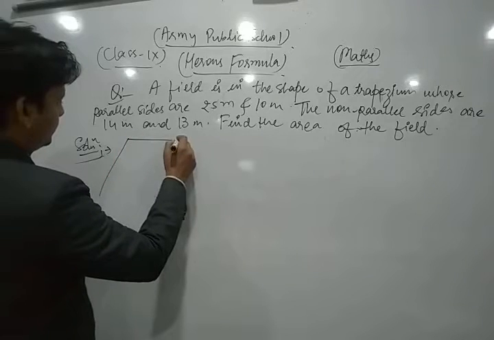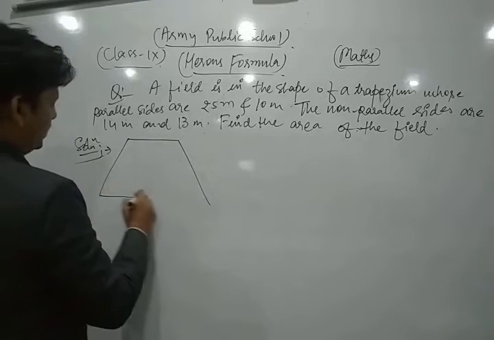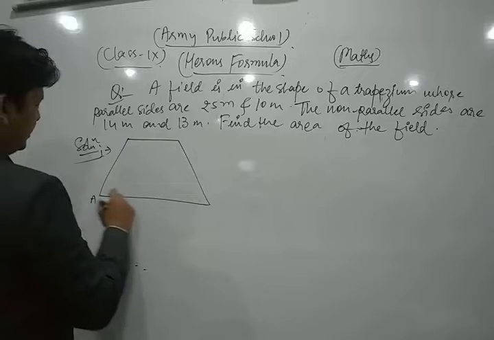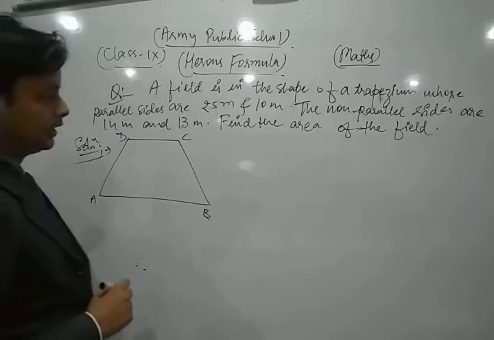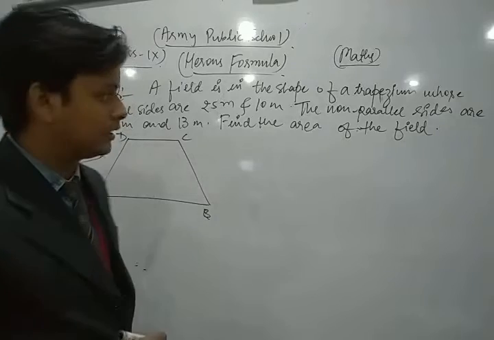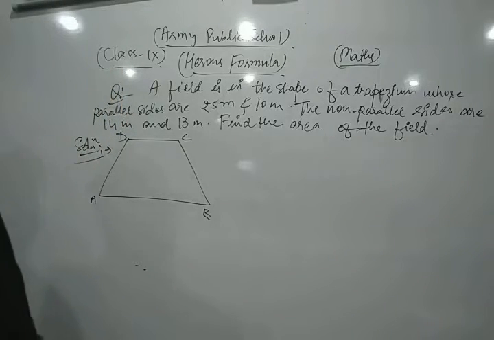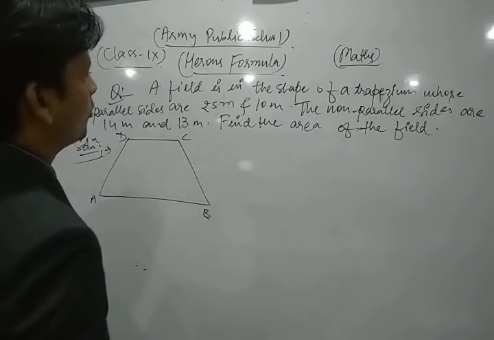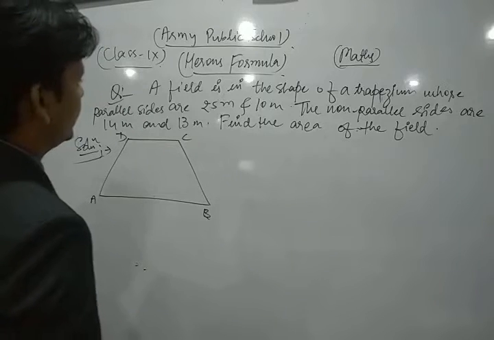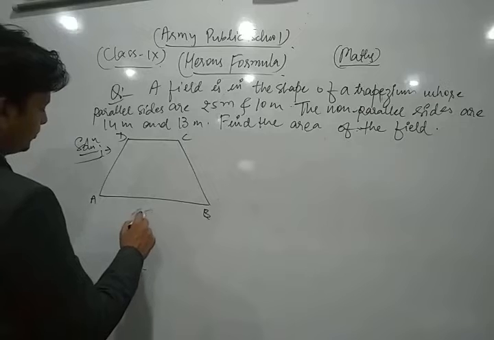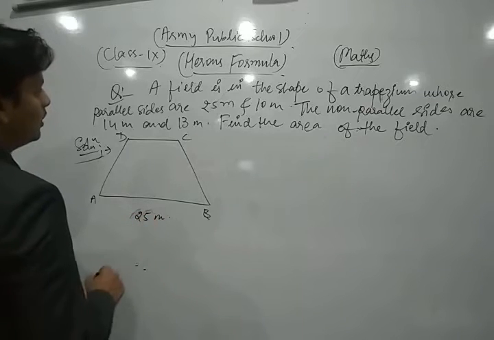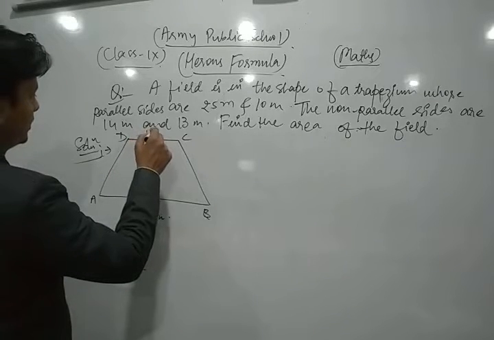Look, this is our trapezium. Let us take ABCD as a trapezium in which its parallel sides are 25 and 10 meter. So we take AB as 25 meter and CD is 10 meter.